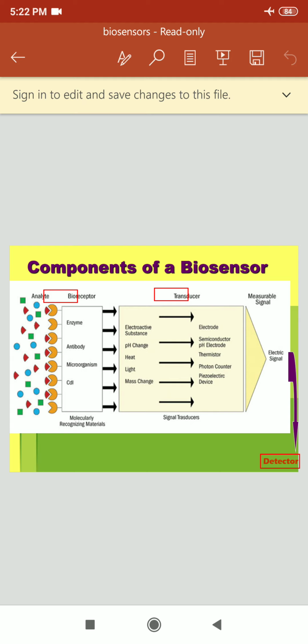In the transducer we use an electrode, photon counter, piezoelectric device, or semiconductor. Now they measure the signals, and via the measured electrical signal, the detector shows the result.